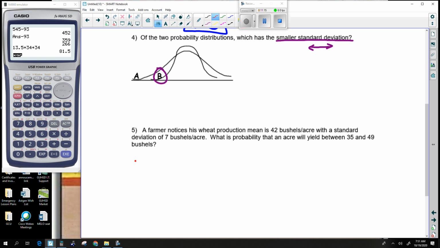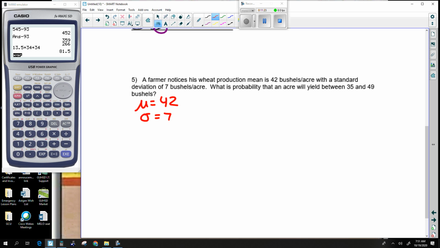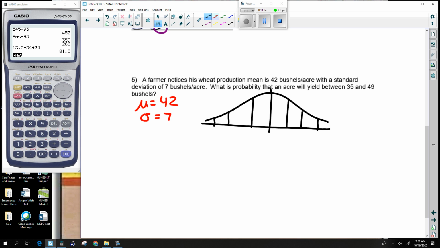Number 5, notice that the mean, the average, is 42 with a standard deviation of 7. This one is asking between 35 and 49.